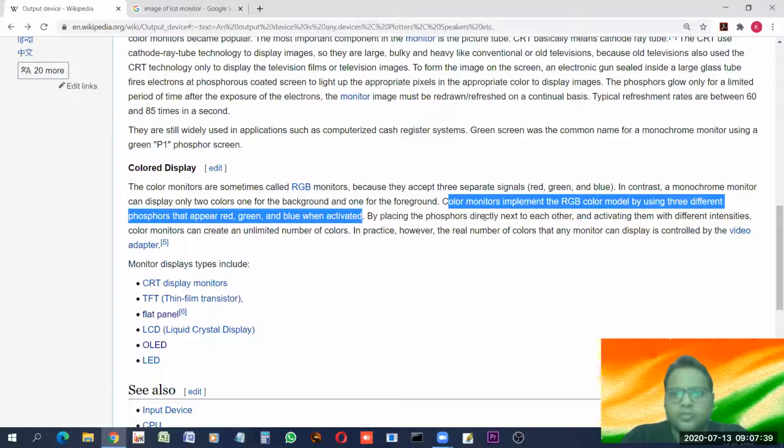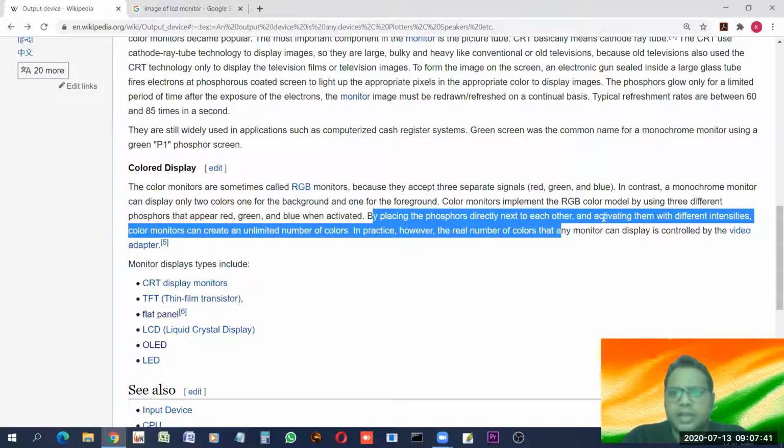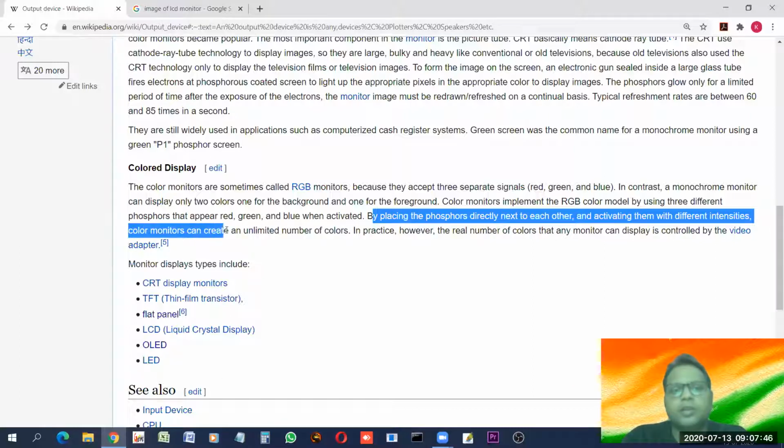By placing the phosphors directly next to each other and activating them with different intensities, a color monitor can create an unlimited number of colors. So the phosphor screen is there, where electron beams of different intensities are emitted, and they combine different colors to form an unlimited number of colors, or almost all kinds of color that you could see.